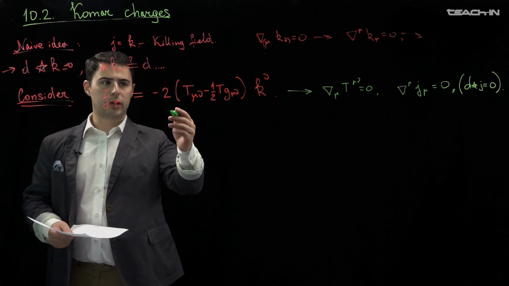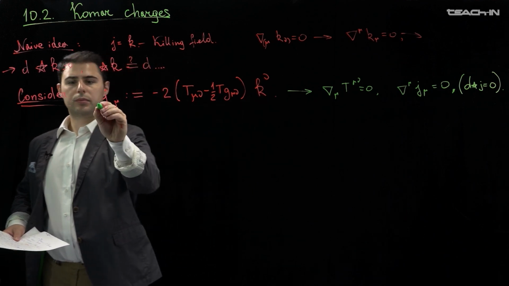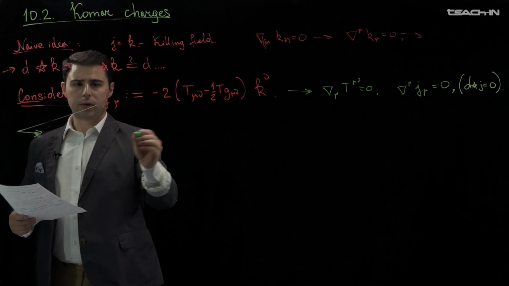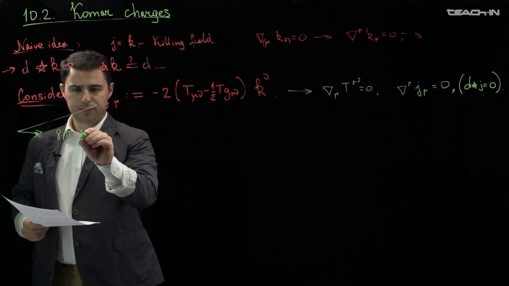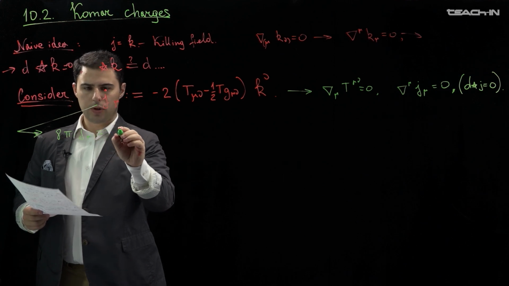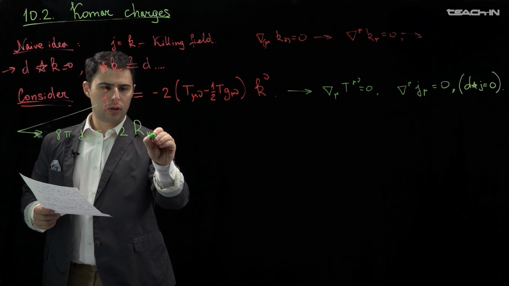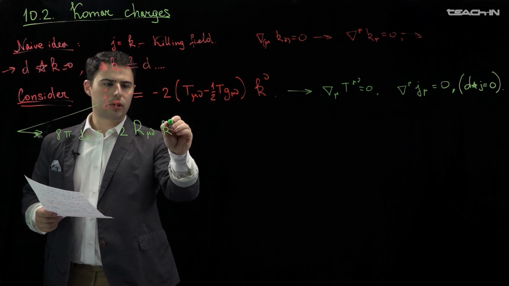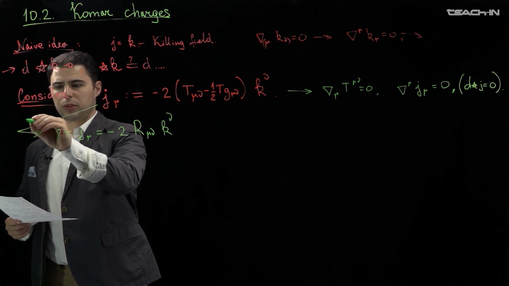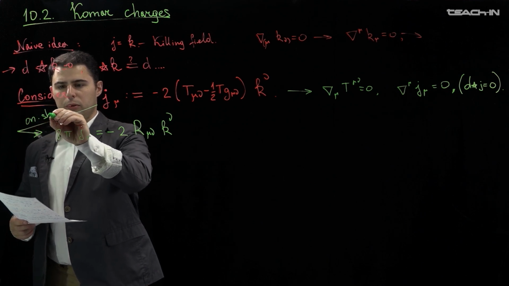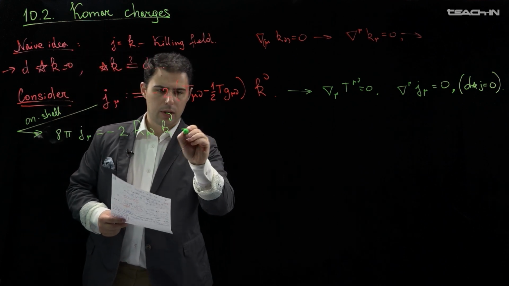So let us use the Einstein equations here. This is the same as, up to the factor of 8 pi, J_mu equals minus 2 Ricci tensor contracted on K^nu. We are going on shell, using the Einstein equations.